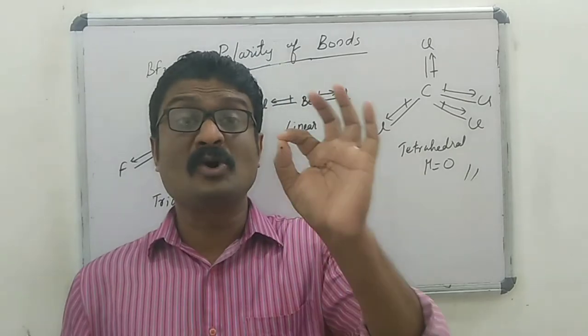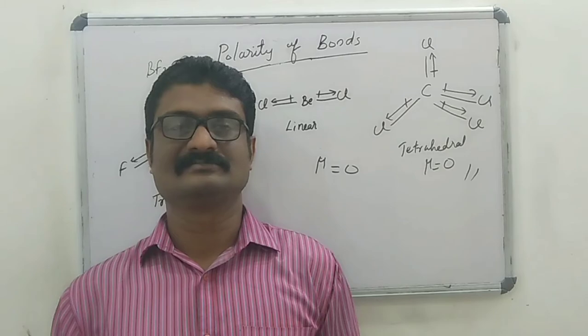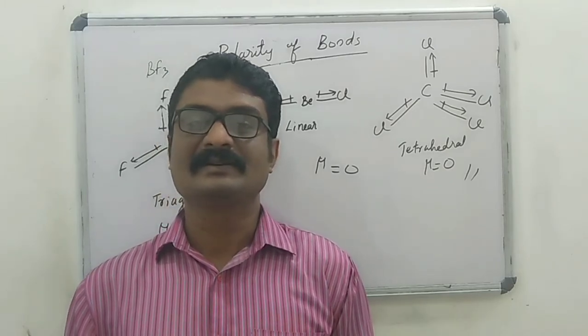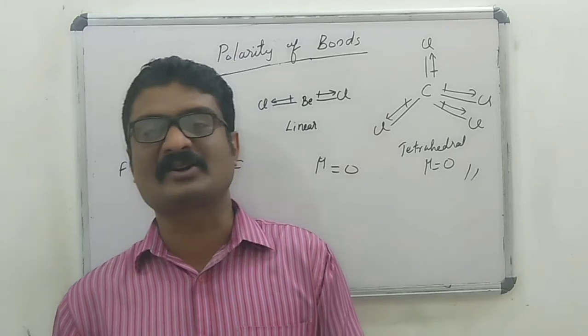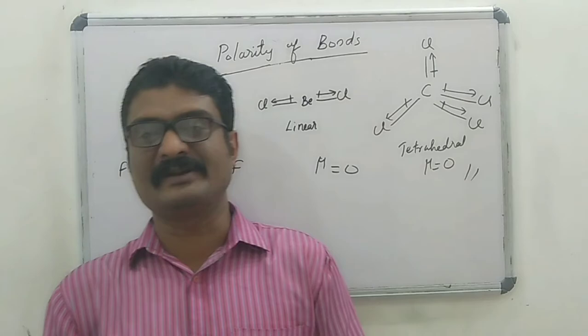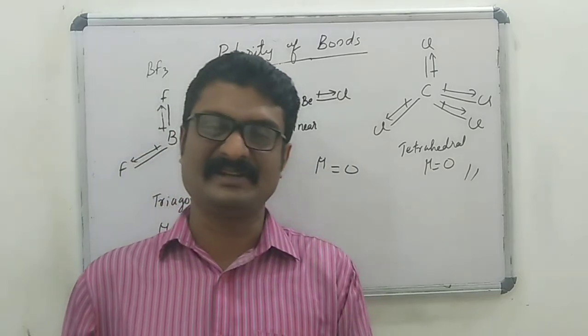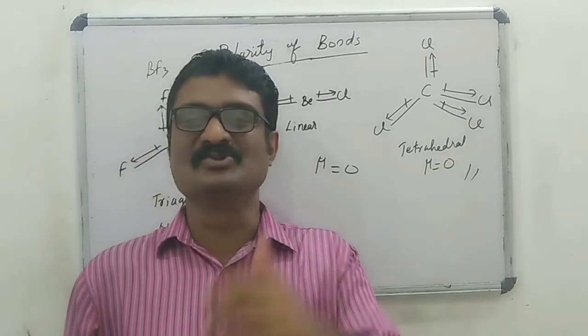Then molecules having unsymmetrical structure. Means what? The molecules having both bond pairs and lone pairs of electrons possess a definite dipole moment. Example, NH3: ammonia has one lone pair and 3 bond pairs of electrons.